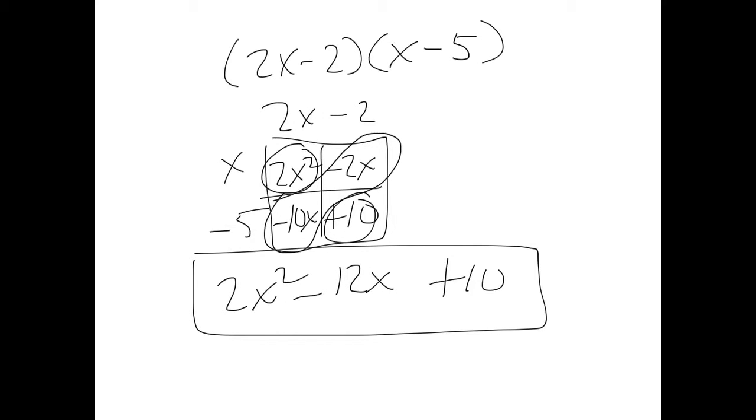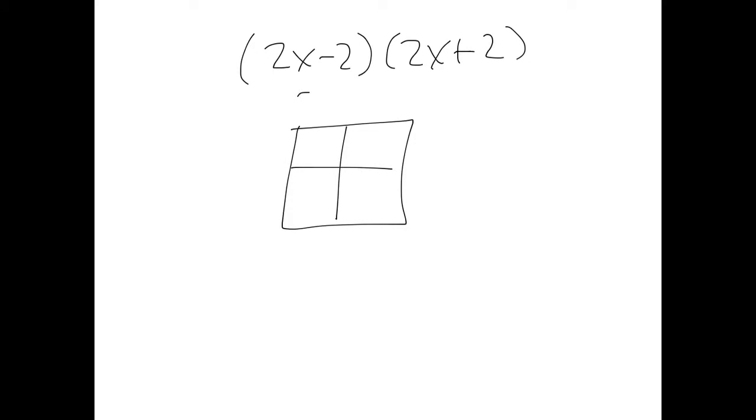Okay. Alright, let's look at an example where something different happens. 2x minus 2 times 2x plus 2. So 2 times 2 is 4. X and x always makes x squared. 2x times a negative 2 is negative 4x. 2 times the 2x is positive 4x, and 2 times the negative 2 is negative 4.